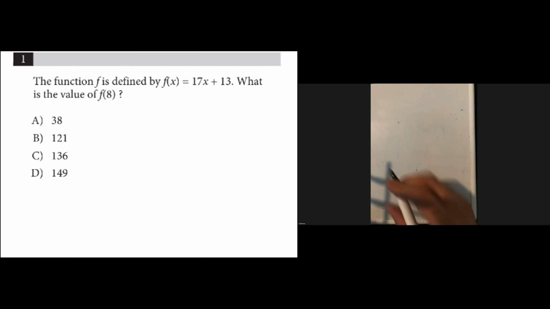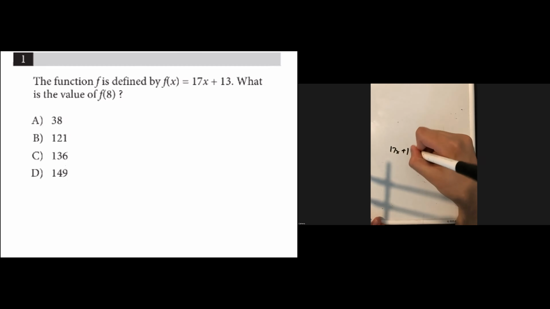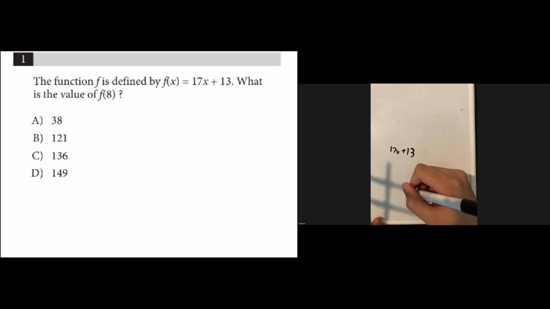All right, so for this one, we have f of x is 17x plus 13, and we're given what is f of 8. Well, 8 is x, so we just plug in, so 17 times 8 plus 13. And so 17 times 8 you can put into your calculator, gives us 136 plus 13.